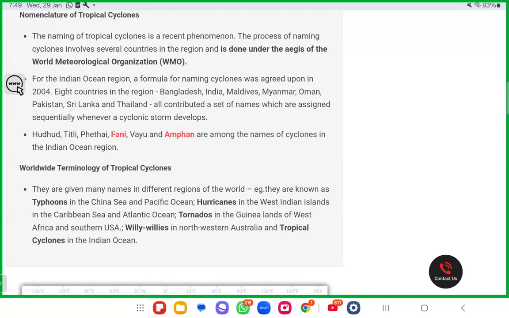I don't remember Hudhud, Titli, Phethai, Vayu, but Fani I remember from around 2018 or 2019. I think it also occurred in 2021, where it hit the Odisha and West Bengal coast. It created a lot of destruction, whether people's lives or destruction of properties.